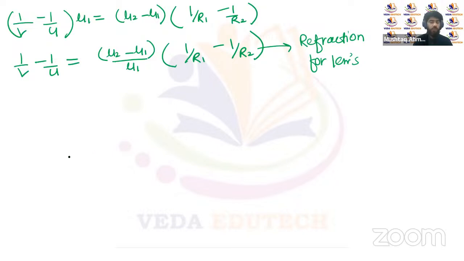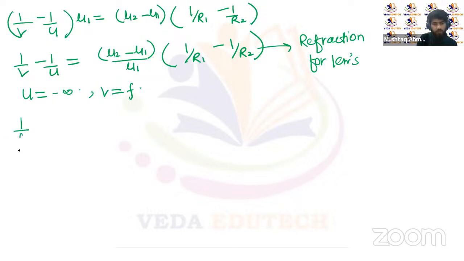Now we know that focus is a point where the parallel beam of light rays actually converge after reflection or refraction. So it means that the object will be at infinity, so the object distance will be infinity. 1 upon infinity will be equal to 0, and the image will be formed at the focus.